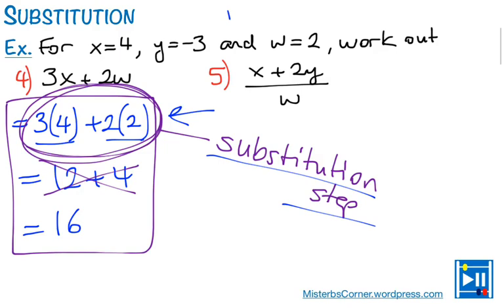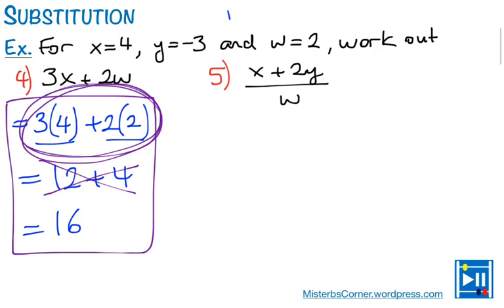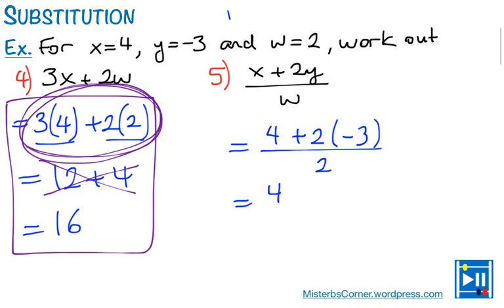Now let's look at question 5. Here we have x plus 2y over w, so it's going to be 4 plus 2 times y is -3, so I write -3 here, over w, which is 2. So I will have 4, now 2 times -3 is -6, so that's going to be 4 minus 6 over 2.